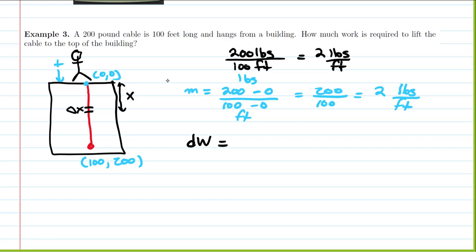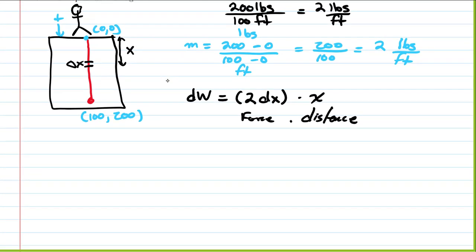Our force is going to be our density, which is 2, times our delta x, dx in this case, times how far am I lifting each chunk? Each chunk is going x units, so that's my distance. So our change in work for every x is 2x dx.